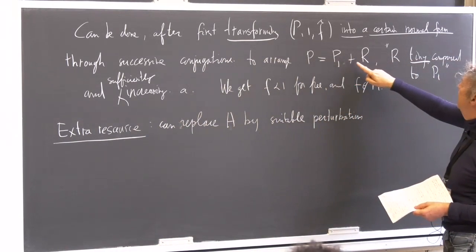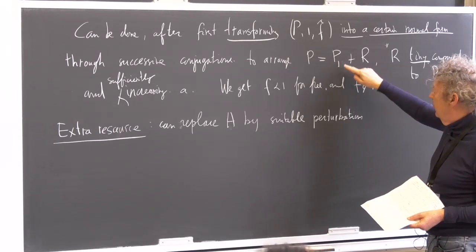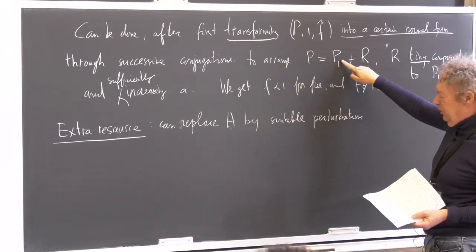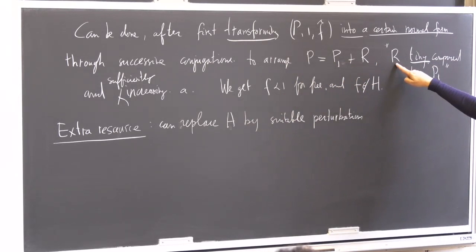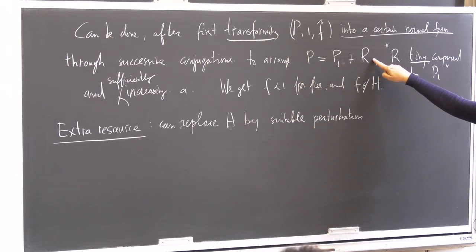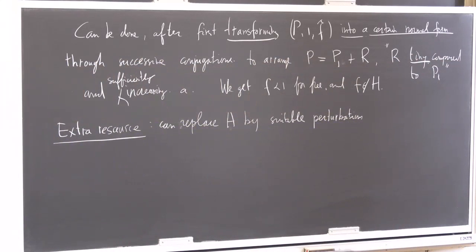Of course, that will mean that P1 also gets a tiny term added, but that will still keep R tiny, right? If you add here a tiny term and you subtract the tiny term from R, then the tininess of the remainder will still be maintained. And so I didn't really need that A corresponds exactly to the linear part, the degree 1 part of P. It can just be close to it.